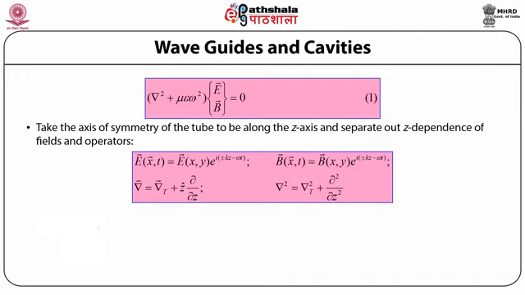Similarly, the del square operator can then be written as del square transverse plus del 2 by del z2.